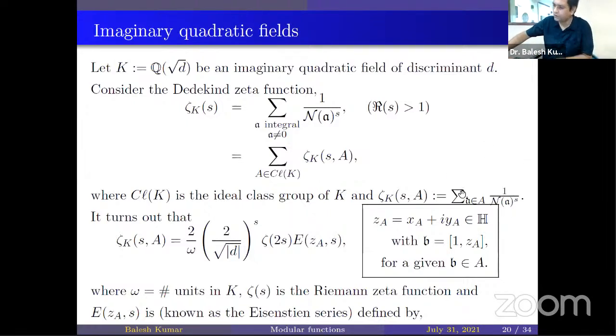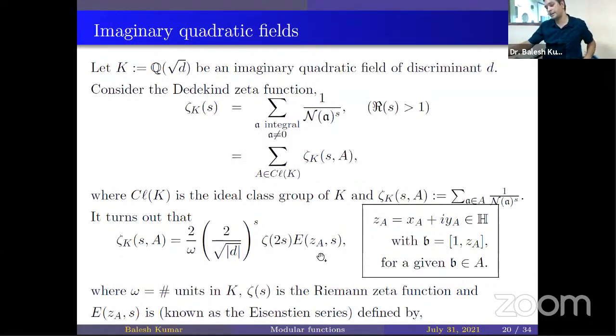And with some effort, one can in fact show that this partial zeta function can be interpreted in terms of certain factors: 2 over omega, where omega is the number of units inside the imaginary quadratic field K, and zeta(2s) is the Riemann zeta function.